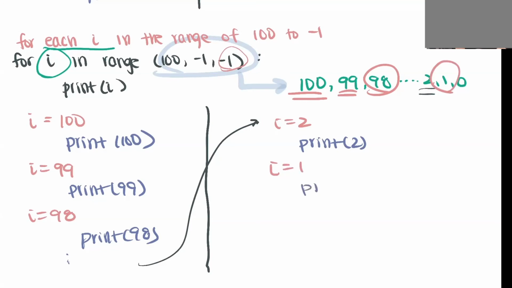We print 1 according to the body of the for loop. Then we loop back up, get the next number in the range, which is 0. So I is 0. You print 0 because that is your current I value. And when you go back up to get another number in the range, we have exhausted all the numbers in the range. So we are done here. And that's it.